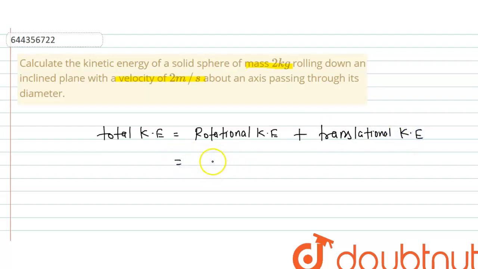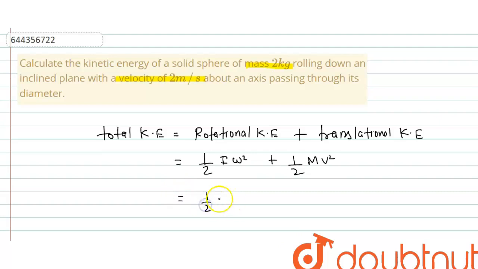Rotational kinetic energy means half I omega square, plus translational kinetic energy means half m v square. Here v is the velocity of center of mass and omega is the angular velocity about center of mass and I is the moment of inertia about an axis passing through its center of mass. Okay, or you can say diameter.